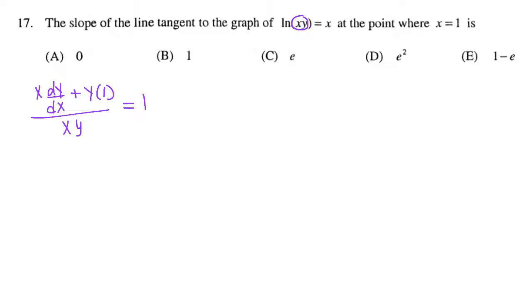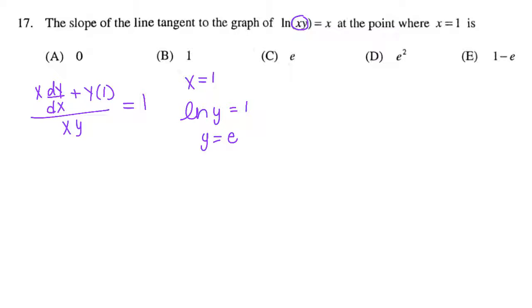Now we need this value when x is 1, but we were not given a value for y, so we will have to go back to our original function and substitute in 1. That means natural log of y is 1, so y is going to have to be equal to e. Now that we have both parts, we can finish solving this. Let's sub in.